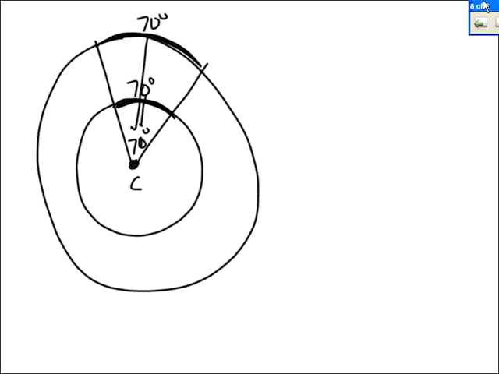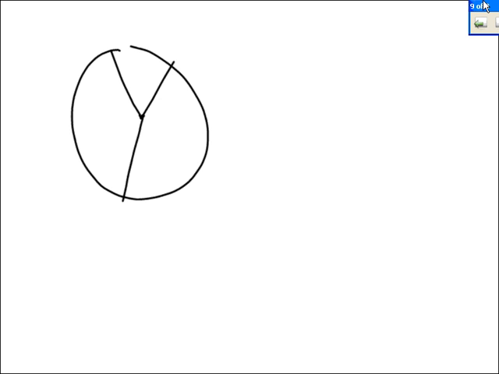Now, this begs the question, when are two arcs congruent? Well, if in the same circle, they both cut off the same number of degrees, 18 degrees and 18 degrees, then the length of this arc and the length of that arc are the same.